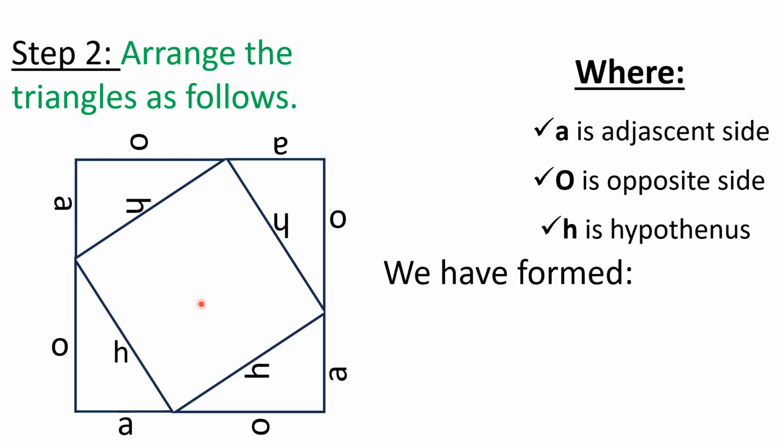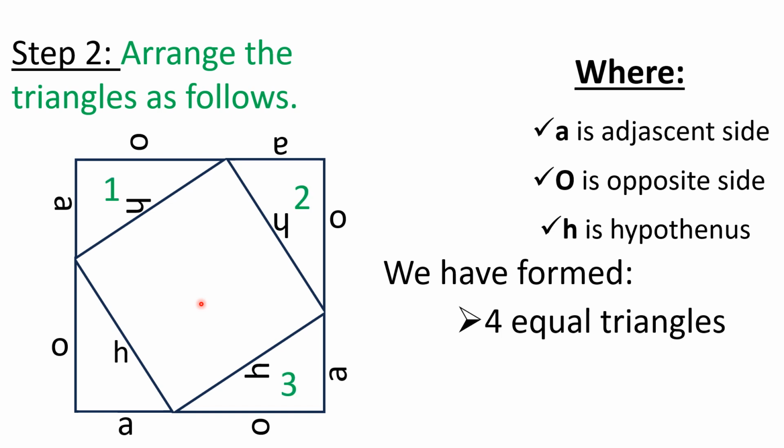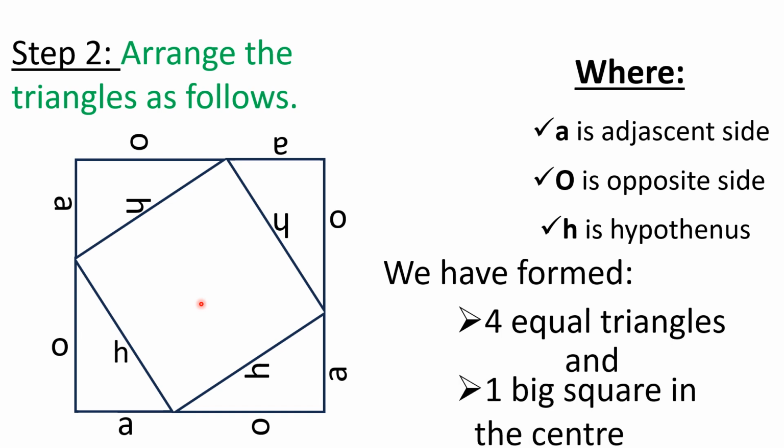We have formed 4 equal triangles. 1, 2, 3, 4 triangles. And we have also formed one big square in the center, surrounded by 4 equal triangles.